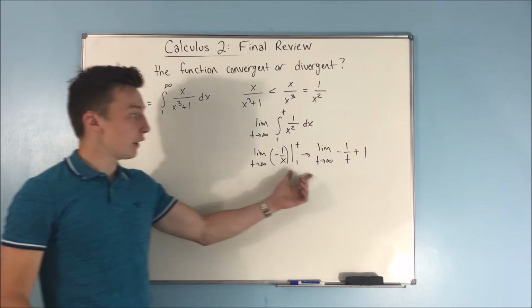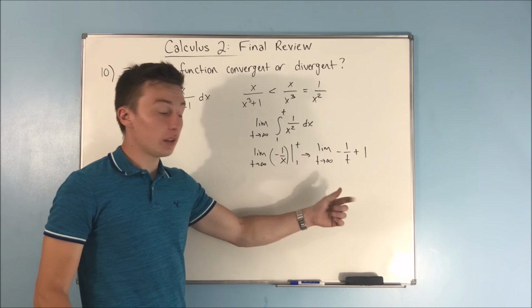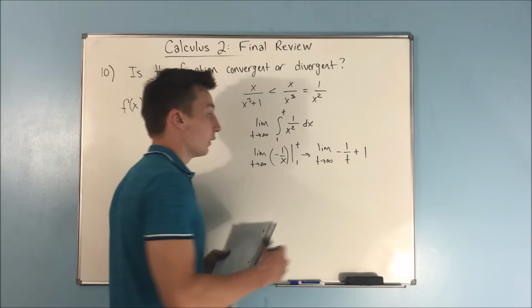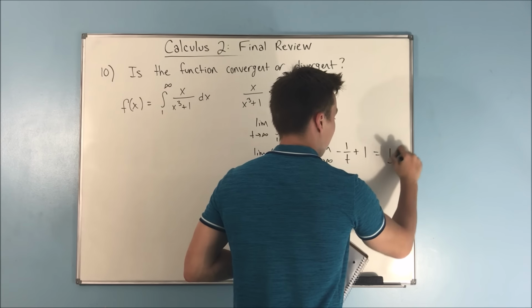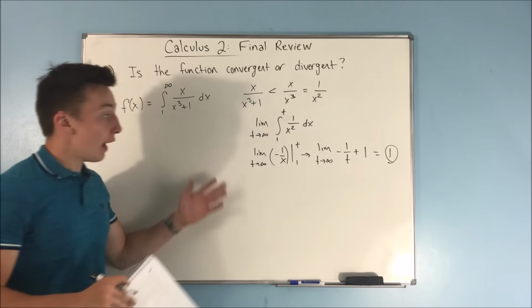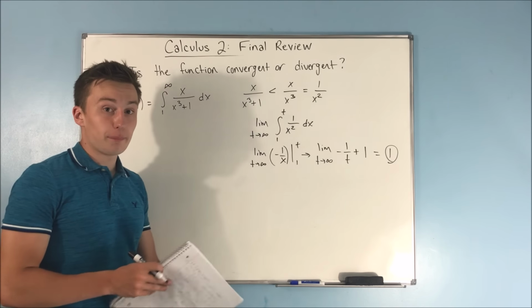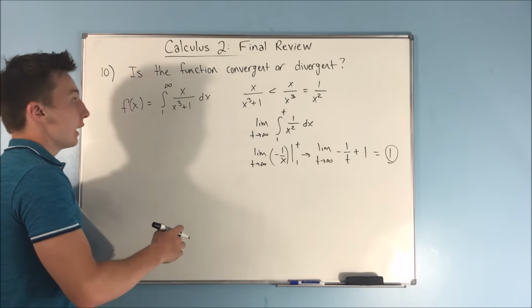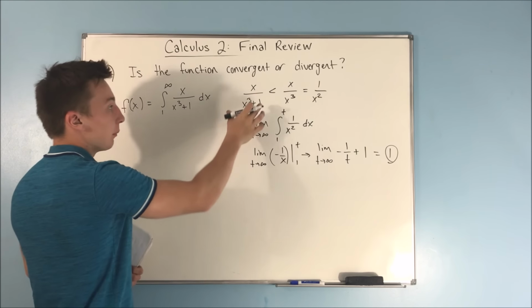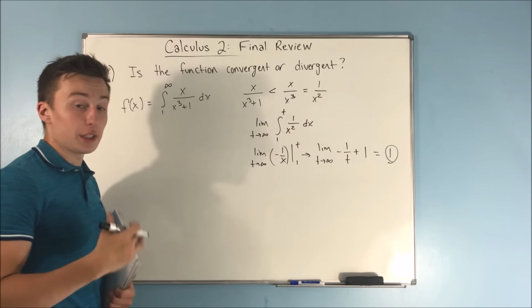Now as t approaches infinity, this fraction right here is going to go to 0, and we're just going to have that plus 1, so this equals 1. Now, since this is a finite answer, this integral converges. And what that means is that by the comparison theorem, this integral will converge as well.